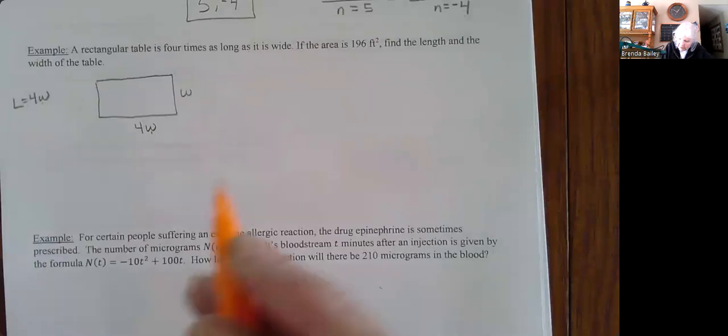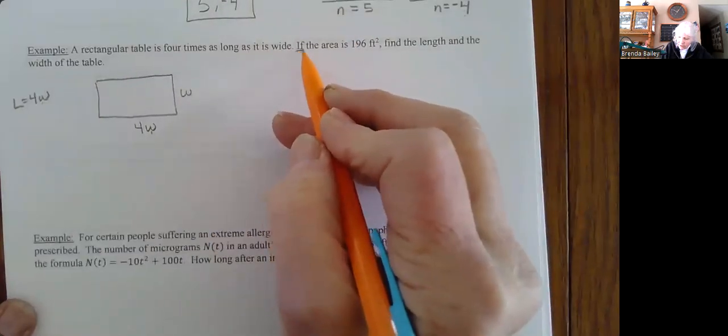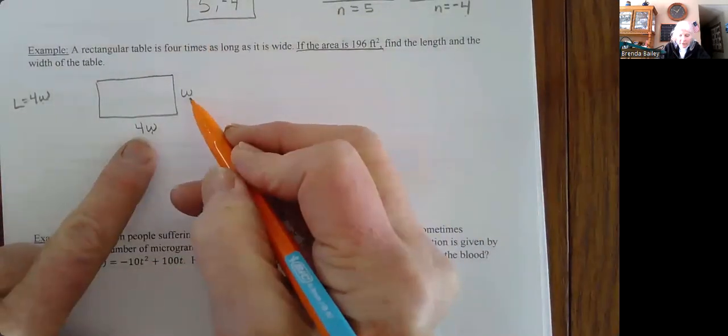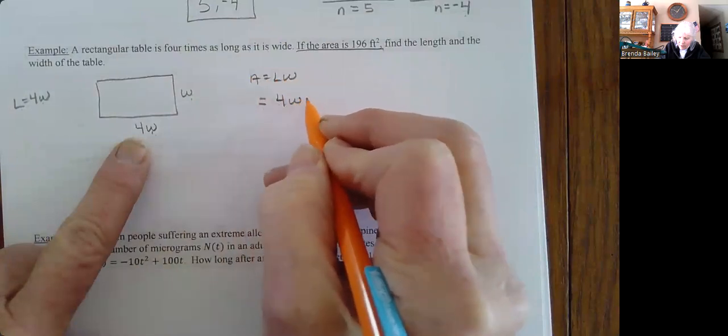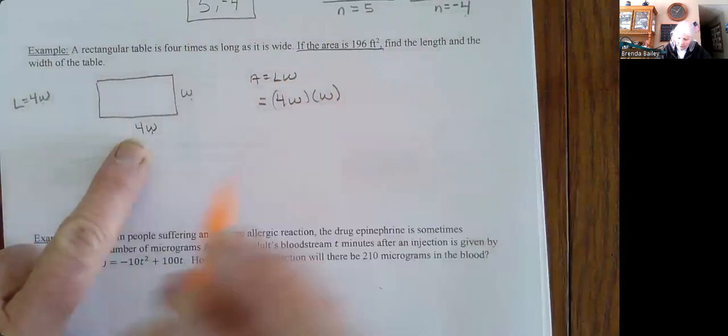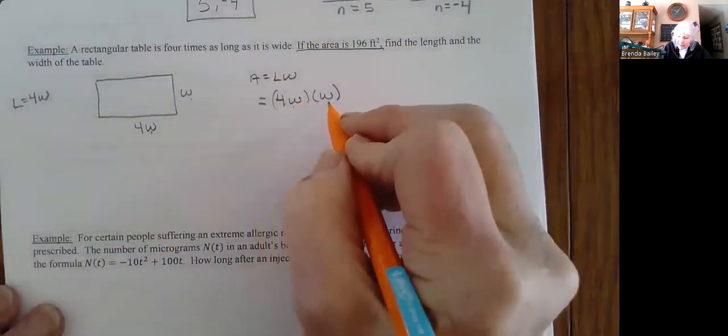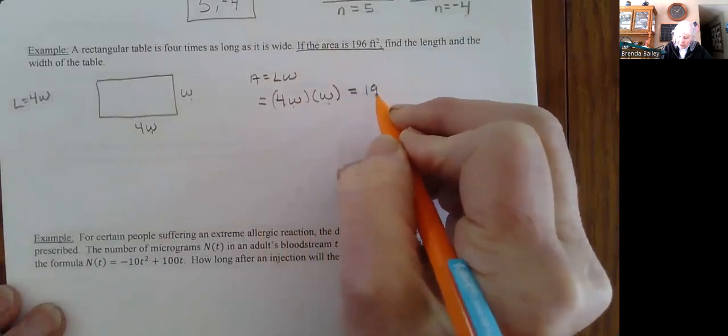Now this next sentence: if the area is 196, well, the area is length times width, so I'm going to multiply these two together. In our case, the length is 4W, and I'm going to use parentheses, times W. That's our area, length times width, and it's equal to 196.